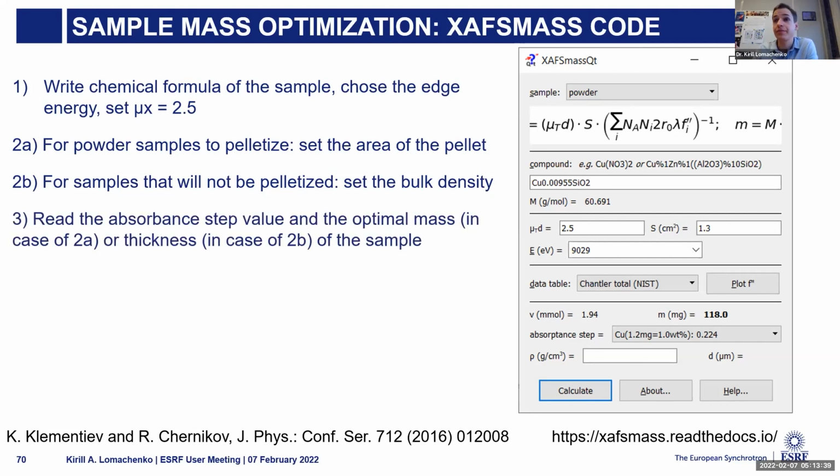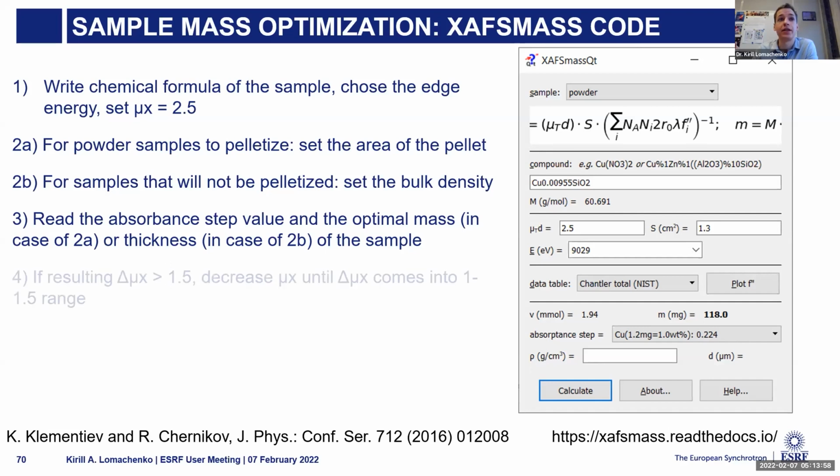So when you have inserted all these values, you will get either an optimal mass in case of a pellet, or an optimal thickness in case of, for example, a capillary filled with powder.